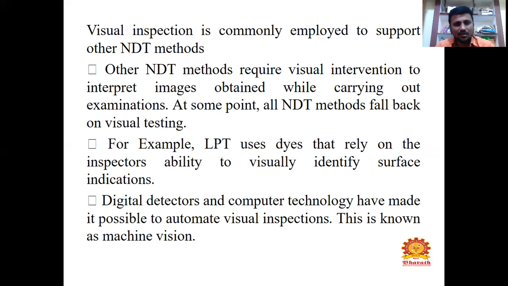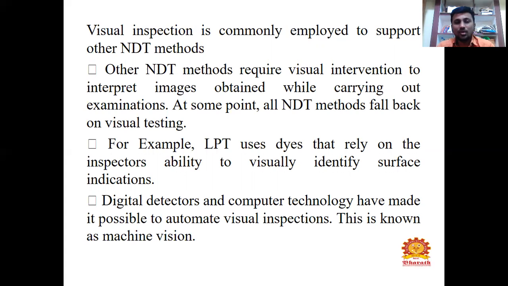See the example, liquid penetrant testing uses dyes that rely on the inspector's ability to visually identify the surface indication. Digital detectors and computer technology have made it possible to automate visual inspection.